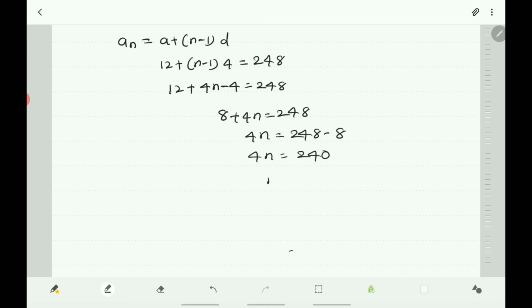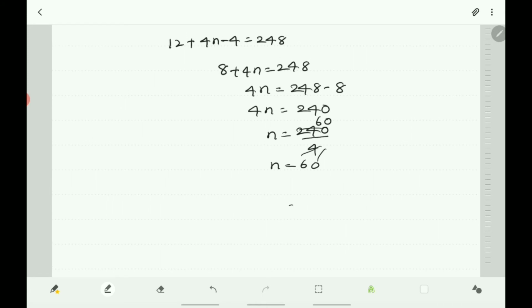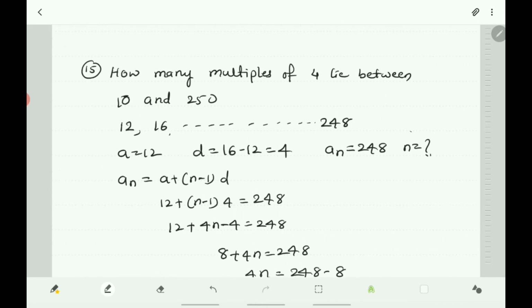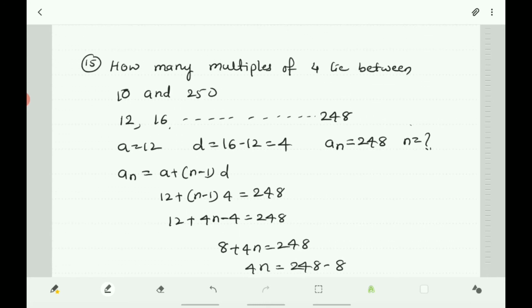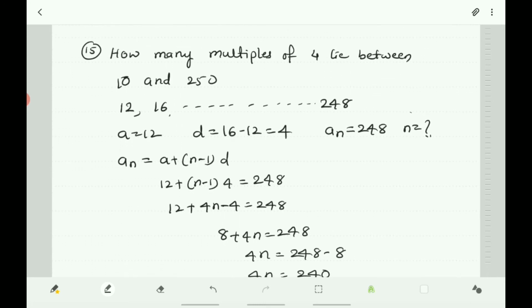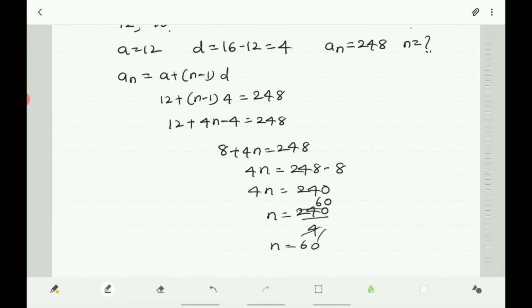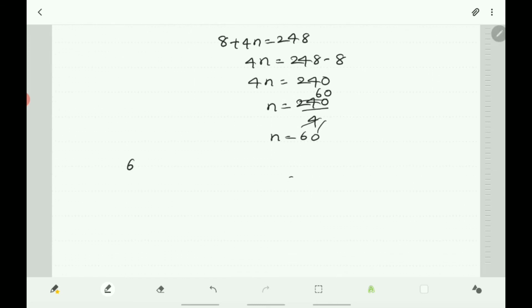Then n is equal to 240 divided by 4. So n is equal to 60. So how many numbers are there divisible by 4? There are 60 numbers which are the multiples of 4 between 10 and 250.